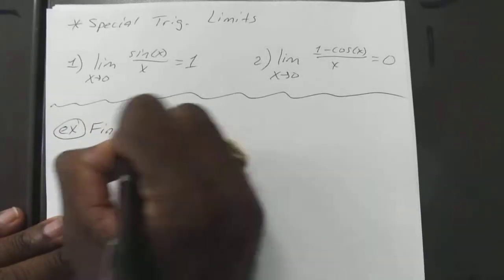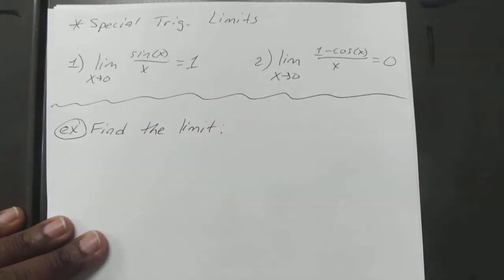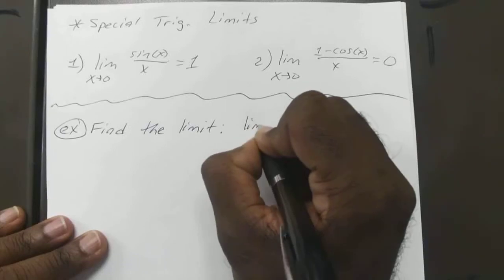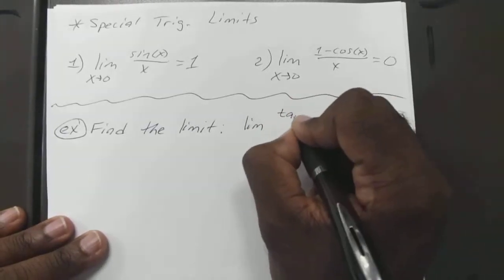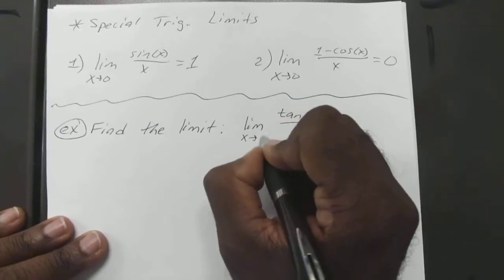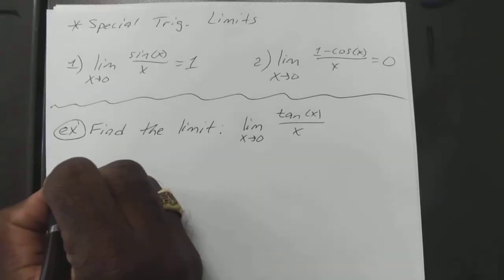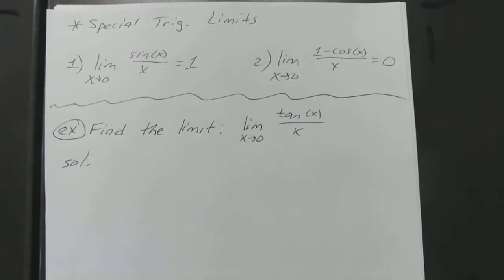Let's say we wanted to find the limit of tangent x over x as x approaches 0. Well, we couldn't just plug in the 0 because then we have a denominator of 0, so it wouldn't exist.